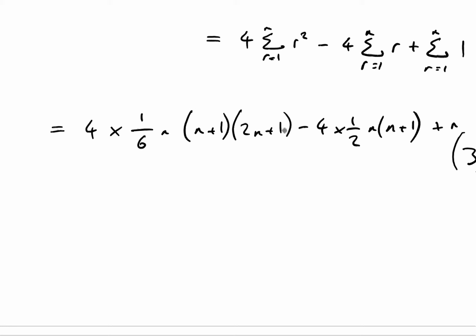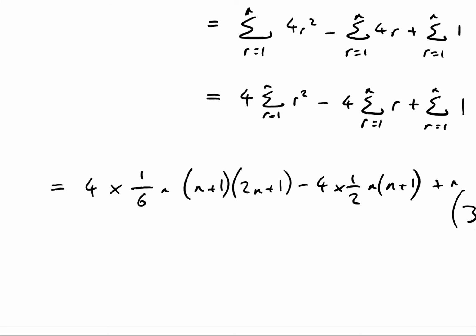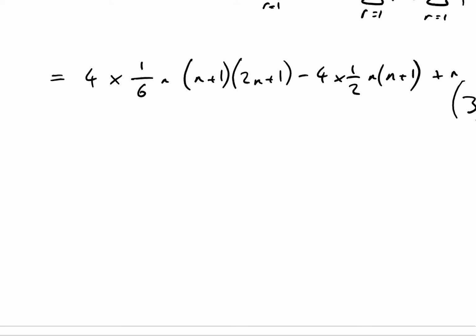If you then make a correct summation for either r squared or r, you get another mark. Okay, and you also get another mark for the correct interpretation of the sum from 1 to n of 1, which is what I've just showed you, and that's n. Okay, and if you get that all correct, then you get 3 marks. So basically, you get a mark for evaluating each one of these things correctly, is what I'm trying to say. Okay.